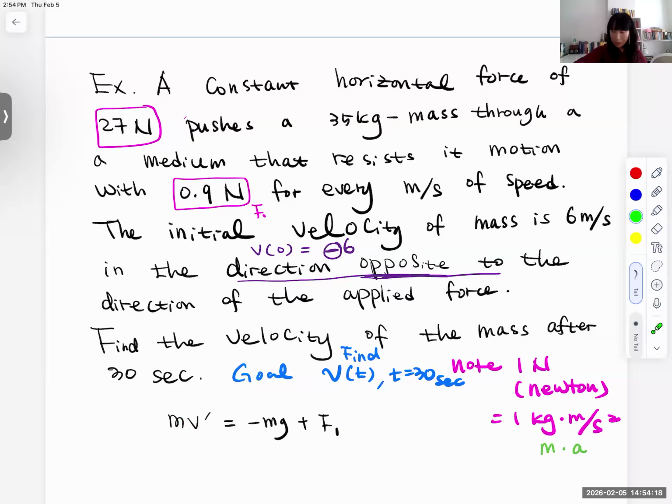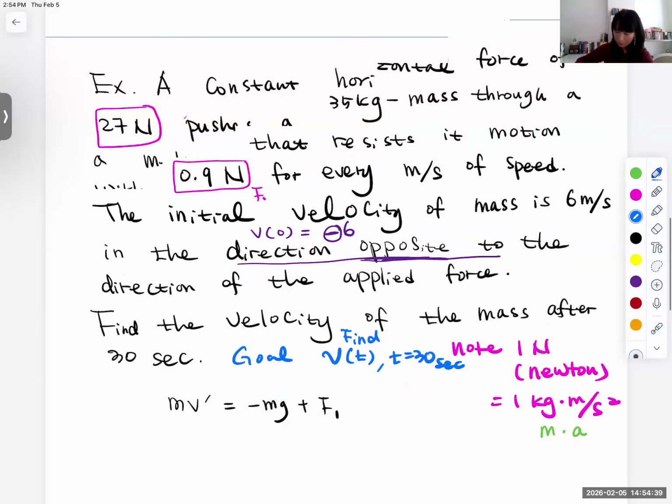So I brought the formula here: mv prime equals negative mg plus F sub 1. What's the mass in this case? It's straightforward, a 35 kilogram mass.